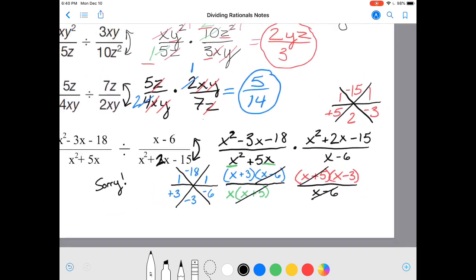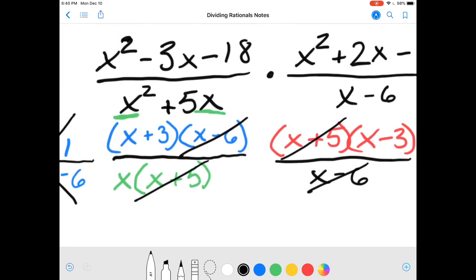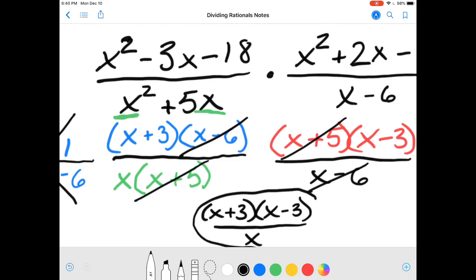In the numerator, let me see if I can get some more space on this page to write my answer. In the numerator, we're going to have x plus 3 times x minus 3. And in our denominator, we're just going to be left with x. And that is our answer for dividing these rational functions.